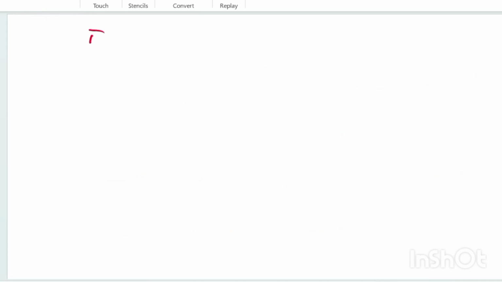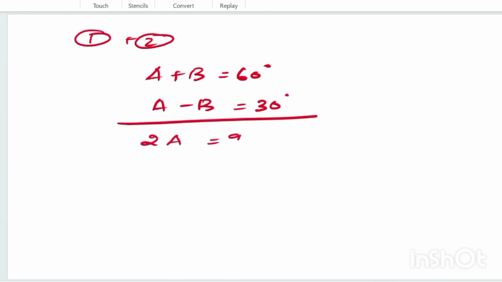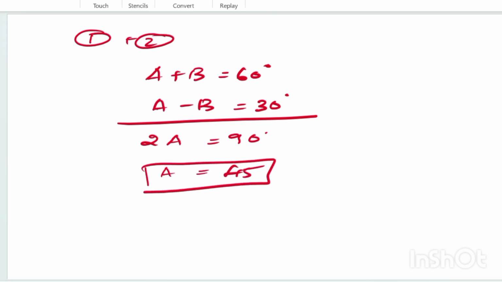Now we can add the first equation and the second equation. A + B is equal to 60 degrees and A - B is equal to 30 degrees. When we add both equations, we get 2A is equal to 90, which means A is equal to 45, right? So we have got A to be 45.